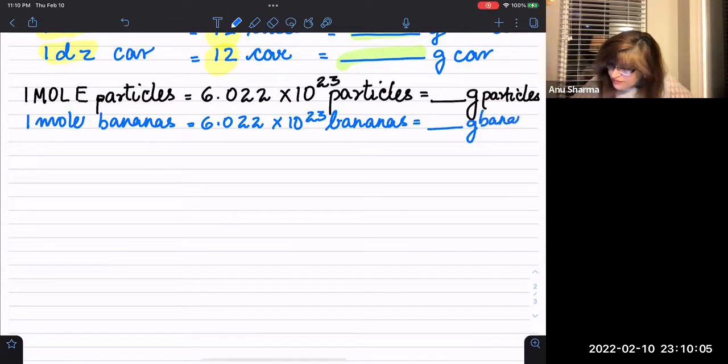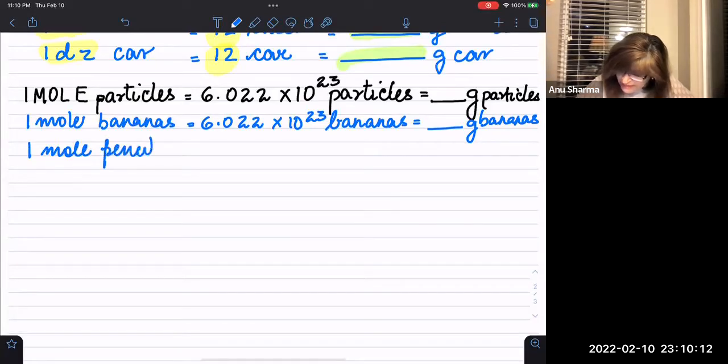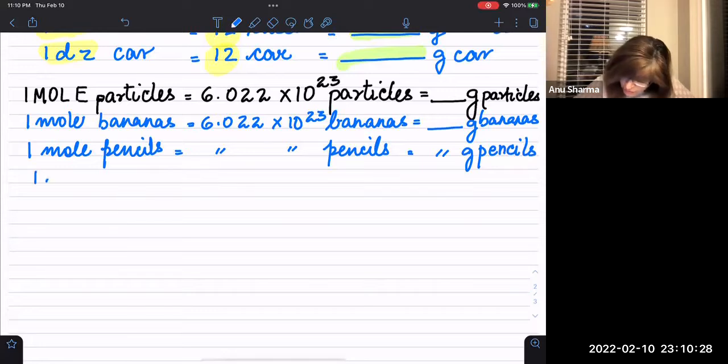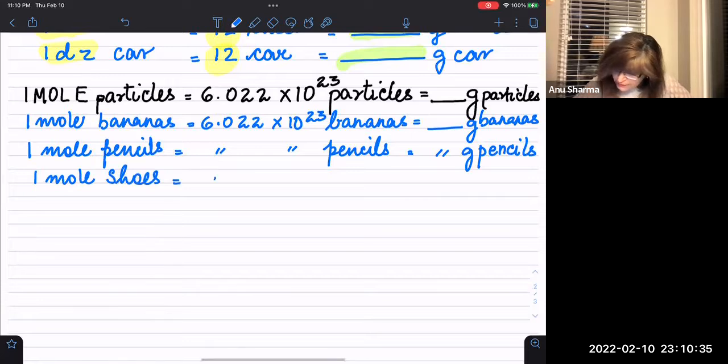So that's one piece. Next is 1 mole of pencils. This 1 mole of pencils similarly will be Avogadro's number of pencils, and whatever their weight is, the same, grams of pencils. Next is 1 mole of shoes. Same story. 1 mole of shoes, 6.02 times 10 to the power 23 shoes.